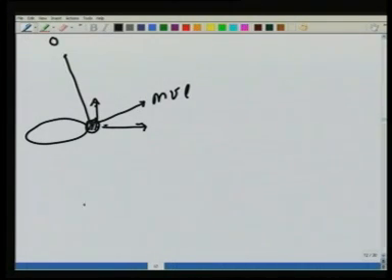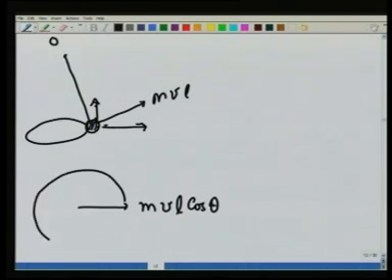So the horizontal component, m v L cosine theta, keeps rotating, and the vertical component remains constant. You can already sense what dL by dt is going to be.